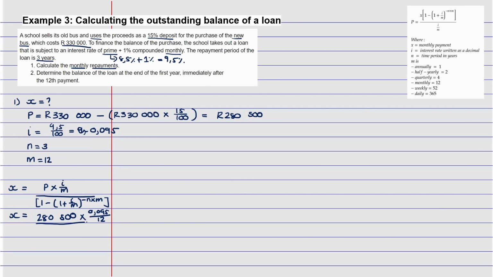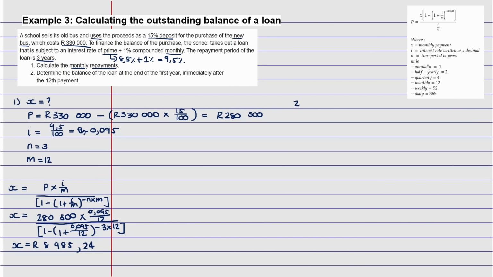Then this is going to be divided by 1 minus, then 1 plus 0.095 divided by 12, to the power negative 3 multiplied by 12. Then therefore, when you punch it into the calculator, your X value is going to be equal to 8,985.24. So this is the monthly installment for the loan.